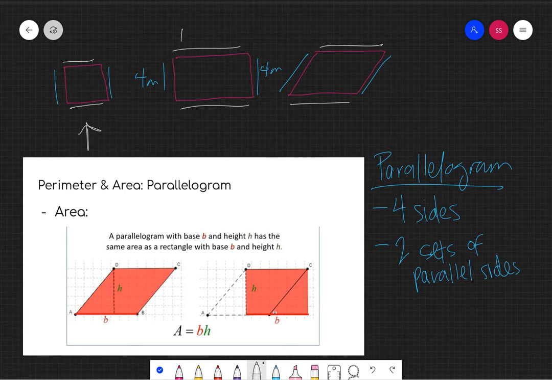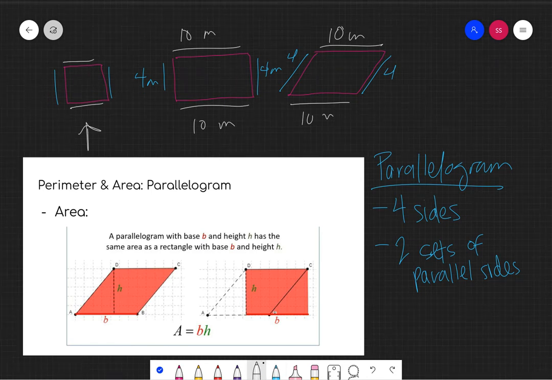And if the top was 10 meters long, the bottom would also be 10 meters long. Same with the slanted one. The parallel sides would be equal in length to each other. So if the left side is 4 meters long, the right side would be 4 meters long. If the top is 10 meters, the bottom would be 10 meters.